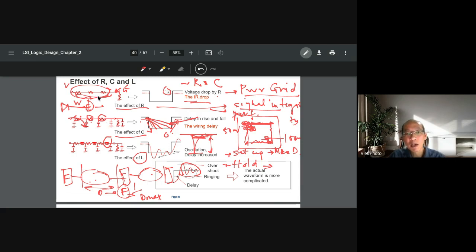So that's why for the signal it's a little bit different. It doesn't require as much as the power grid, but it still requires some lower resistance. So what can they do for the signal?